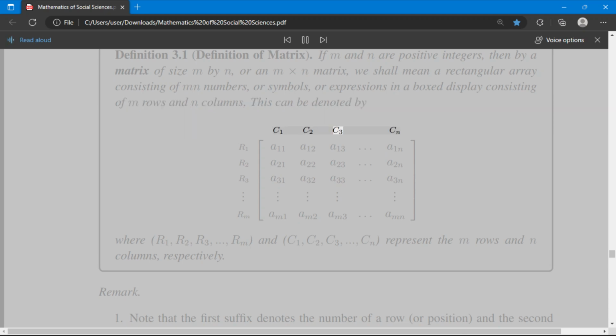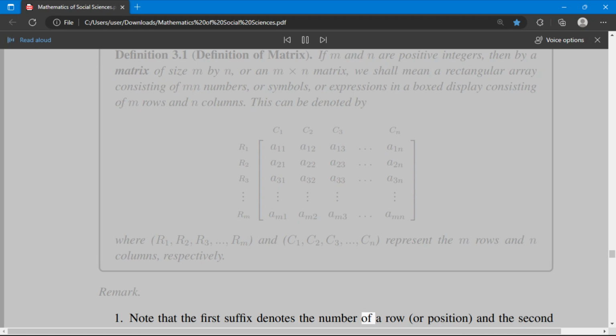This can be denoted by C1 C2 C3 through Cn, R1 a11 a12 a13 through a1n, R2 a21 a22 a23 through a2n, R3 a31 a32 a33 through a3n, down to Rm am1 am2 am3 through amn, where R1, R2, R3 through Rm, and C1, C2, C3 through Cn represent the m rows and n columns, respectively.